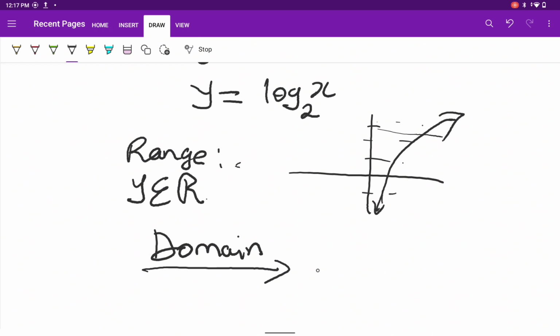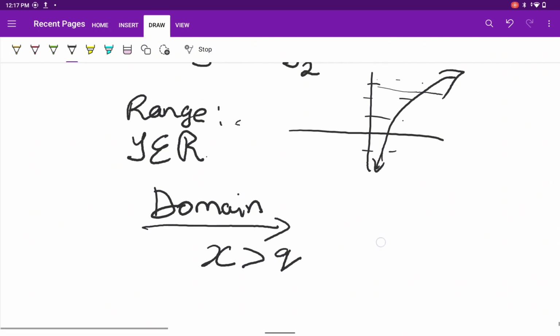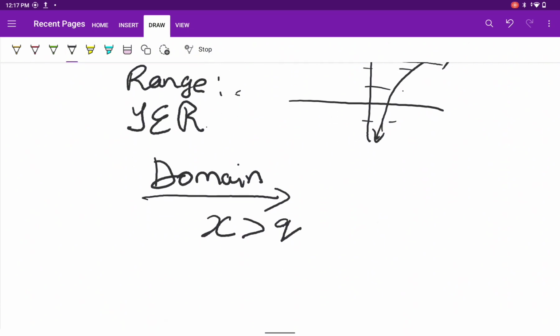So we will say the domain is x greater than q. This q is that asymptote. In the graph that we have been drawing, let me remind you, this was our graph.